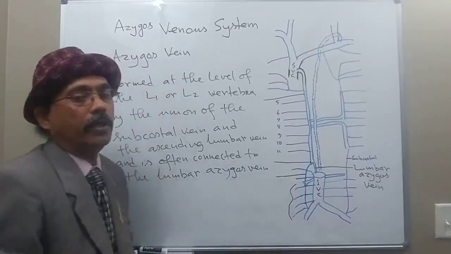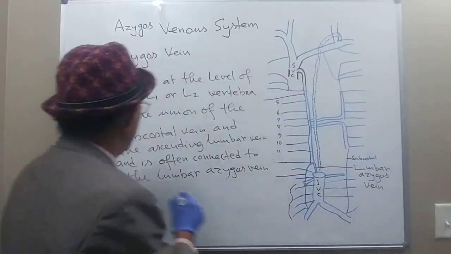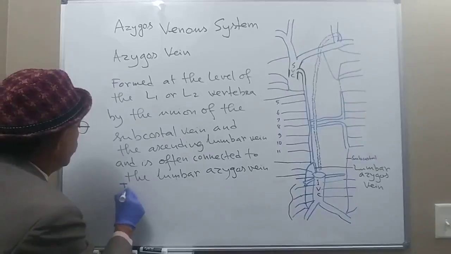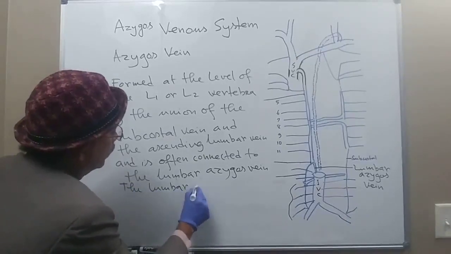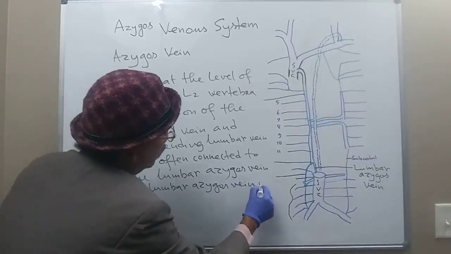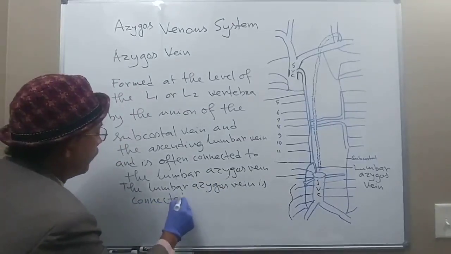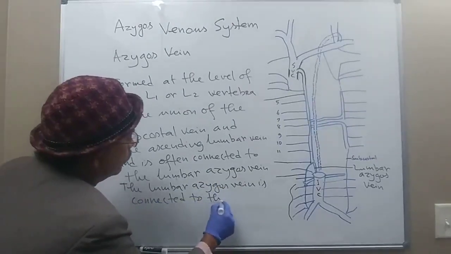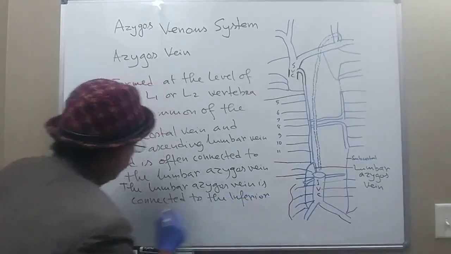The lumbar azygos vein is connected to the inferior vena cava.